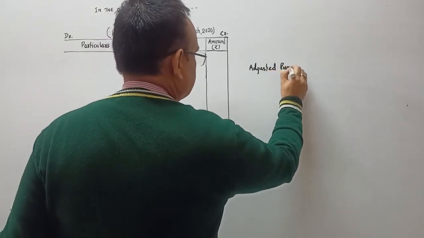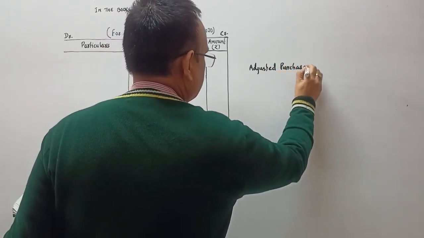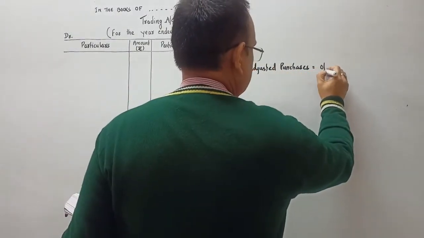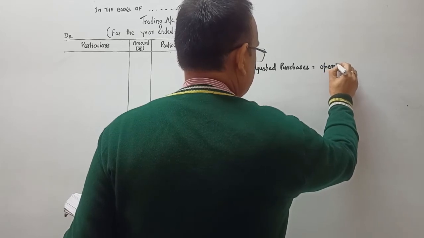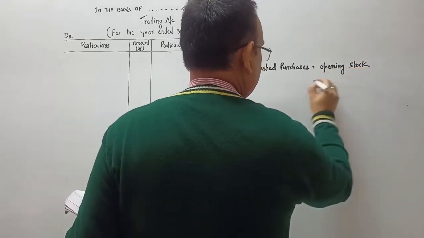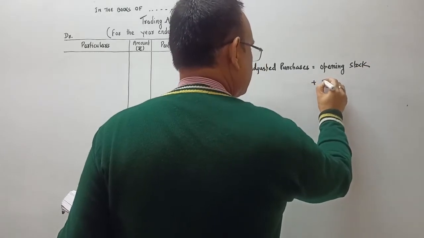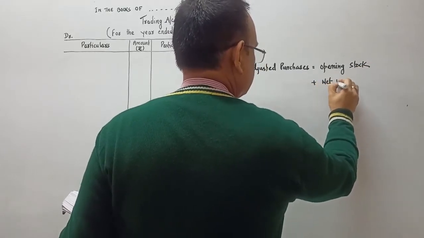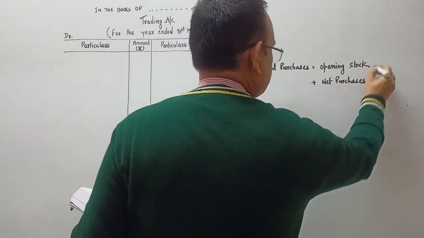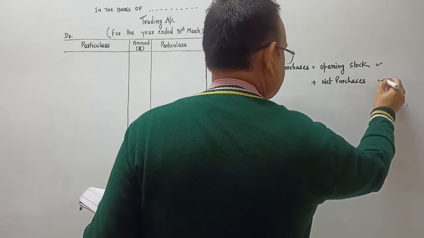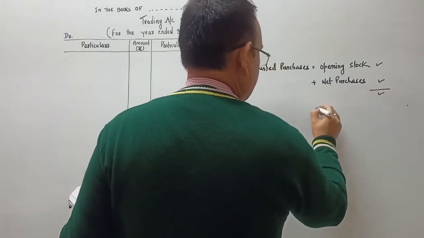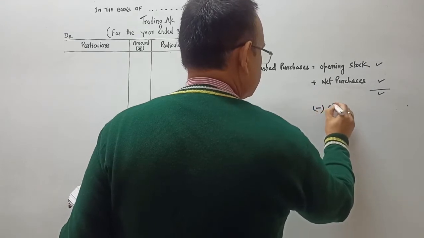Adjusted purchase means opening stock plus net purchase, total, less minus closing stock.